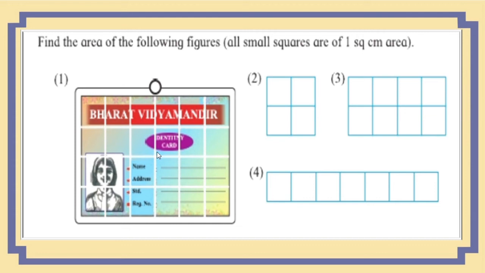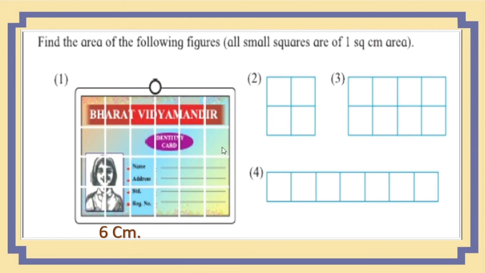Bharat Vidya Mandir ID. Here we can see some squares. Correct? Now we will try to find out the area of this I card. Okay. Now see here 1, 2, 3, 4, 5, 6. 6 squares are there. Correct? So we will write here 6 centimeter first. And this is length. And what is the breadth here?